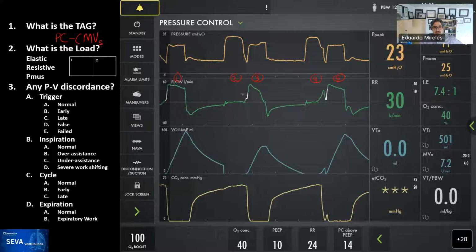If there was no PMUS, you would expect all of them to be pretty similar. So that tells me there's PMUS, at least more on breath number 3. But if you notice breath number 1, it is taking a fair amount of time to decay. Although there may be some PMUS, and I suspect that there is, that's a hint that there may be an increased resistive load.